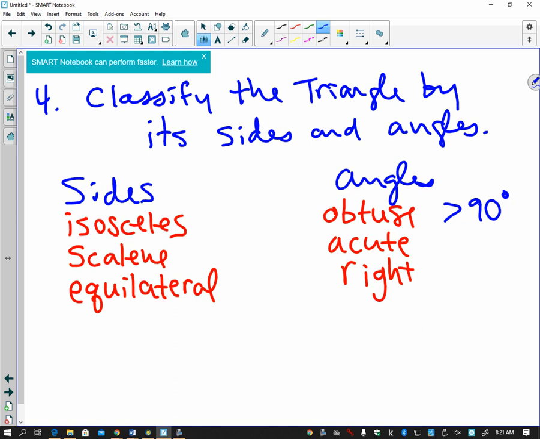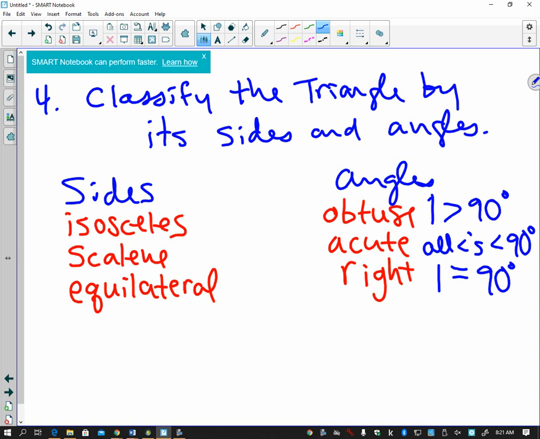What about acute? All angles less than 90, right? And right? One angle 90 degrees. All right, so we'll say one angle is equal to 90 degrees, right? So that one there refers to one angle.